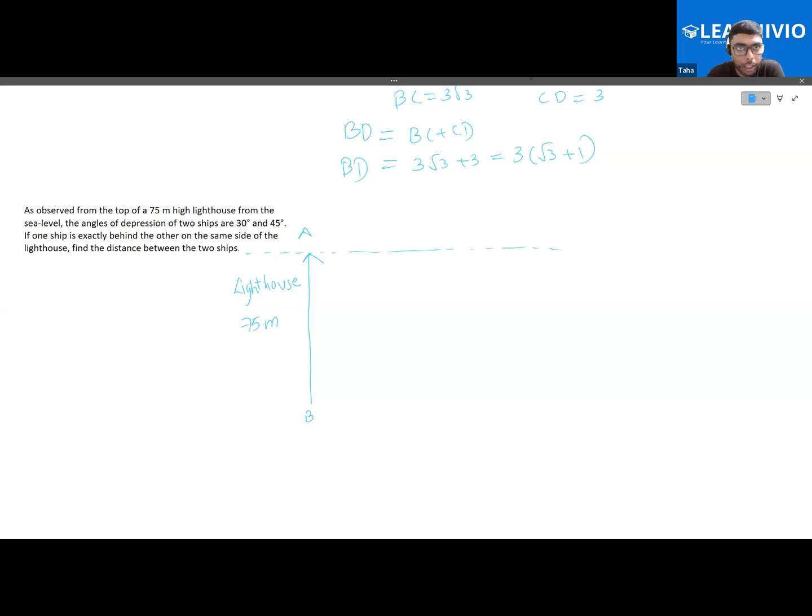So one angle is 30 degrees. So this is 30, right? And then another angle is 45. So this is 45.